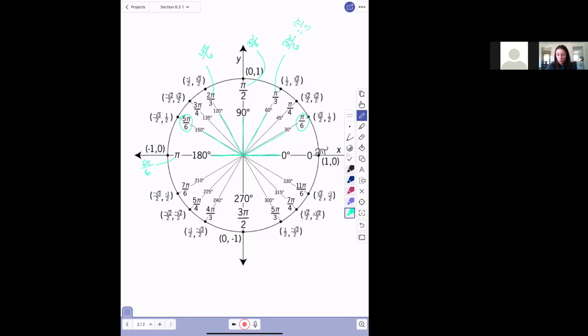Okay. Do you guys agree that all these angles that I'm saying to rewrite mean the same thing? Do you agree, in other words, that 2/6 pi is the same as pi over 3 and 4/6 pi is the same as 2/3 pi? Do we agree with that? Good.